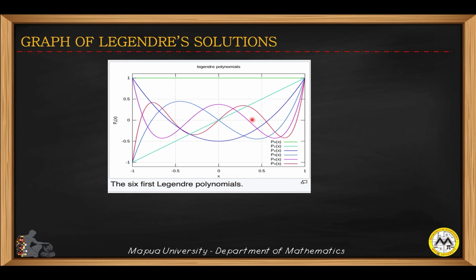Then P sub 4, the violet one. And then the graph for P sub 5, the fifth degree, is the red one.